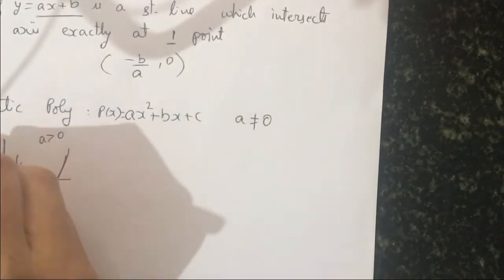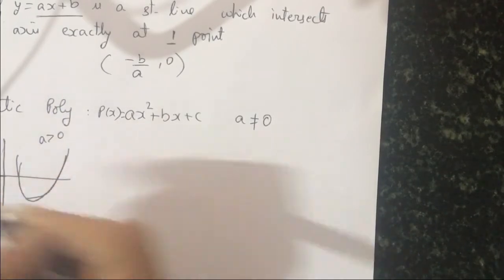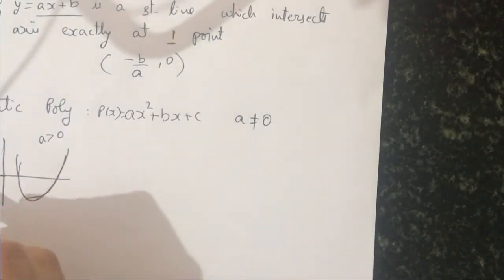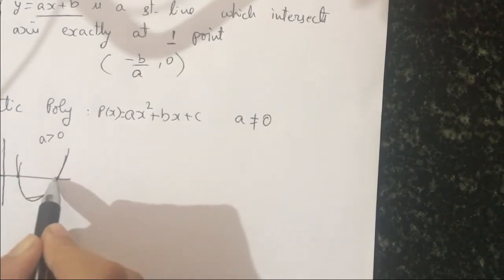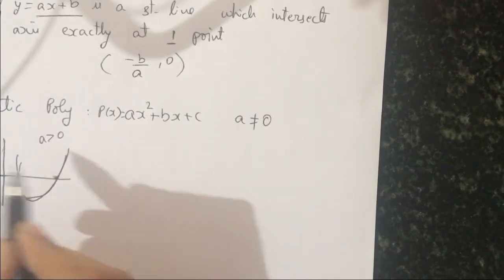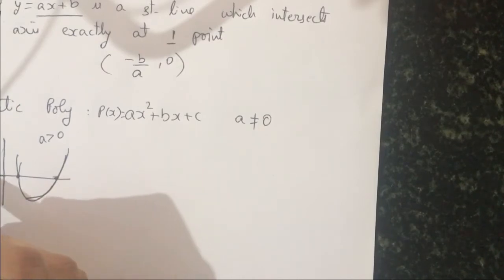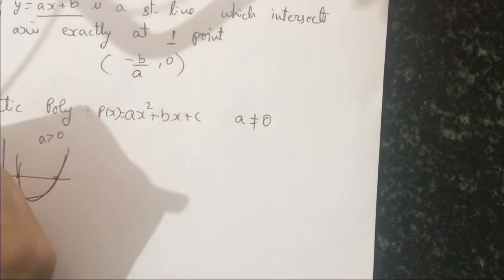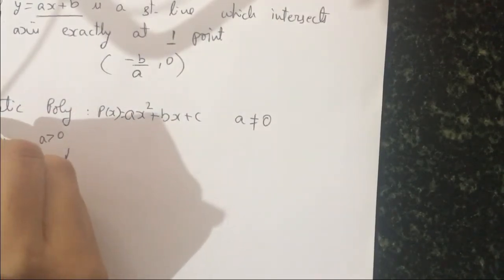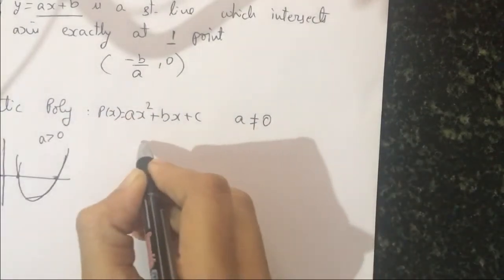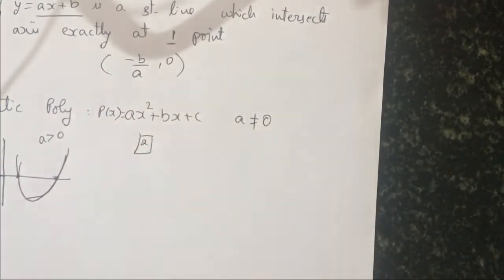This is the case where a is negative. Means the parabola is intersecting the x-axis at 2 points. Here also it is intersecting the x-axis at 2 points. So this is case 1. You have got 2 zeros. Okay.